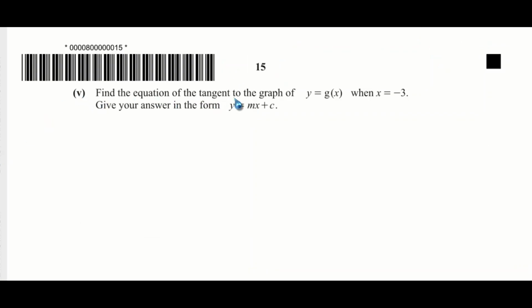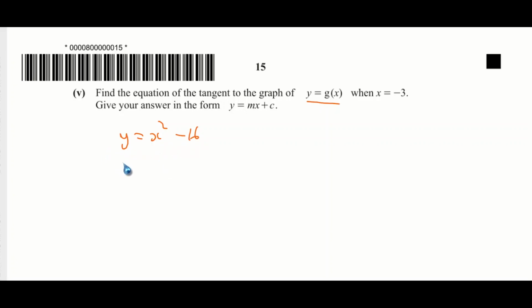Find the equation of the tangent to the graph of y equals g of x when x equals minus 3. Give your answer in the form this. Okay. So we have y equals x squared minus 16. So let's find dy/dx, because we need to get the gradient.